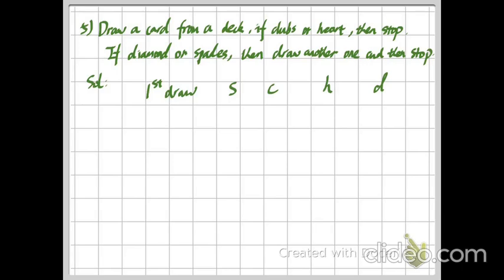And then what's the difference? Now, if we have the club and the heart, we will stop immediately. However, in the other 2 situations, we will continue to the second draw. For this second draw, of course there are still 4 situations. So we will still have these 4 different types of the second draw.